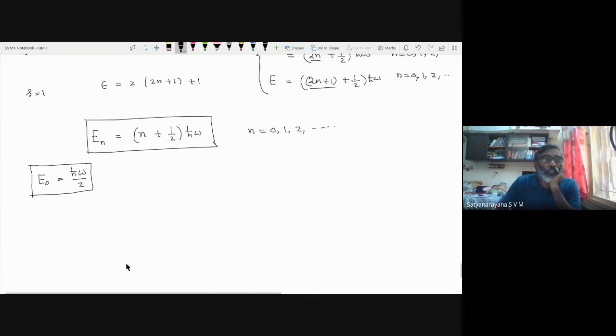Note that the ground state energy is not 0. It is non-zero.